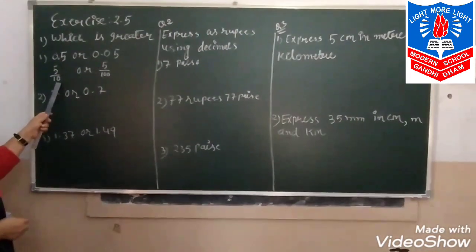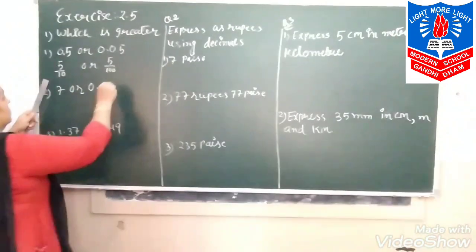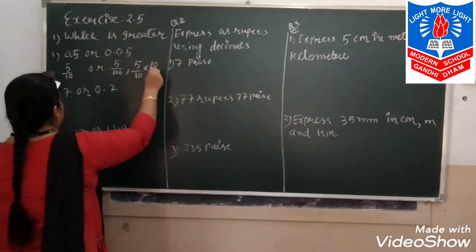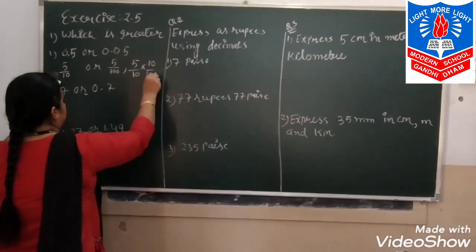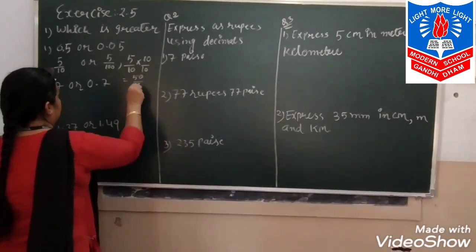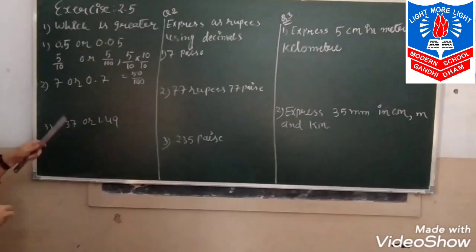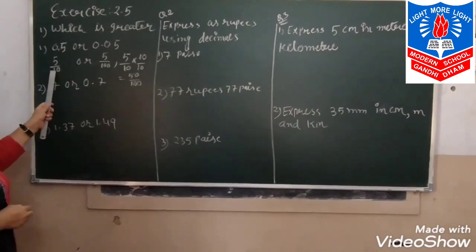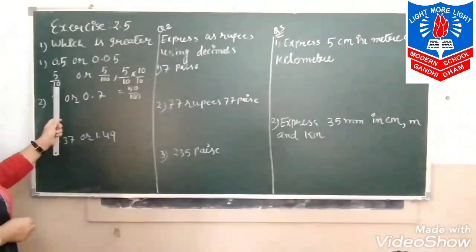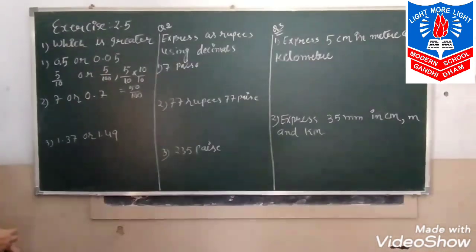Here is 10, so I multiply 5/10 into 10/10, which is equal to 50/100. Here is 5/100, so both denominators are the same.